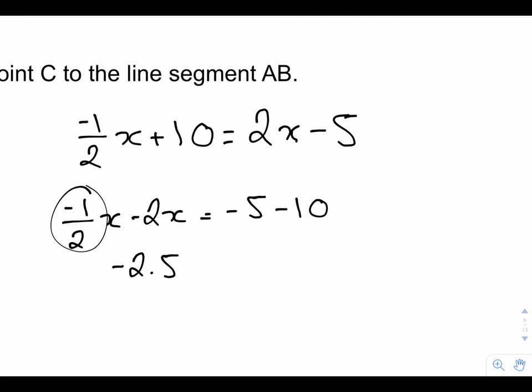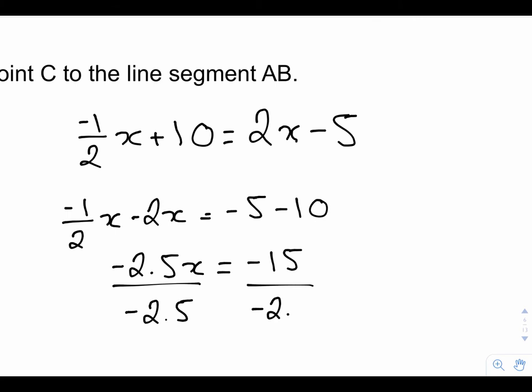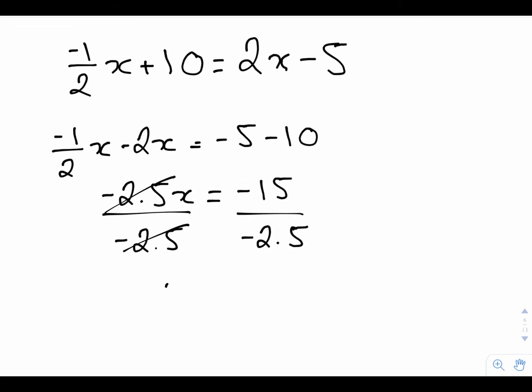Usually I do not encourage converting fractions into decimals, but in this case, 1 over 2 is a terminating decimal, so it's exactly that number. Then I have minus 15 over here. Divide both sides by negative 2.5, they cancel, and I get x is equal to, 15 divided by 2.5 gives me 6.